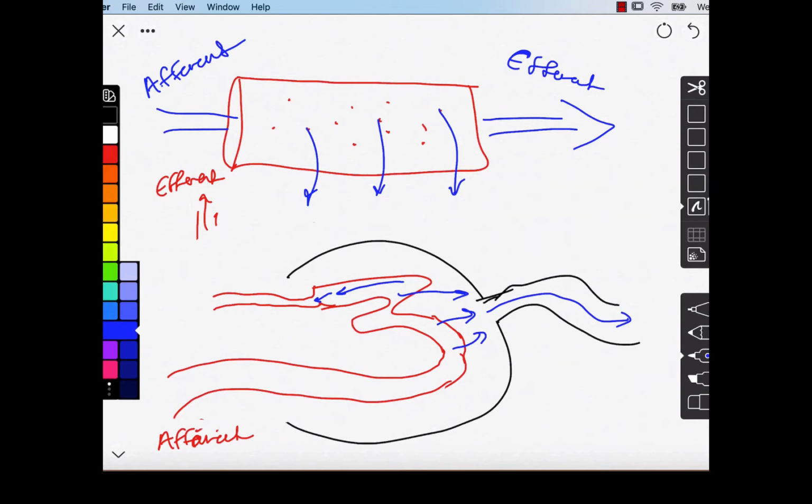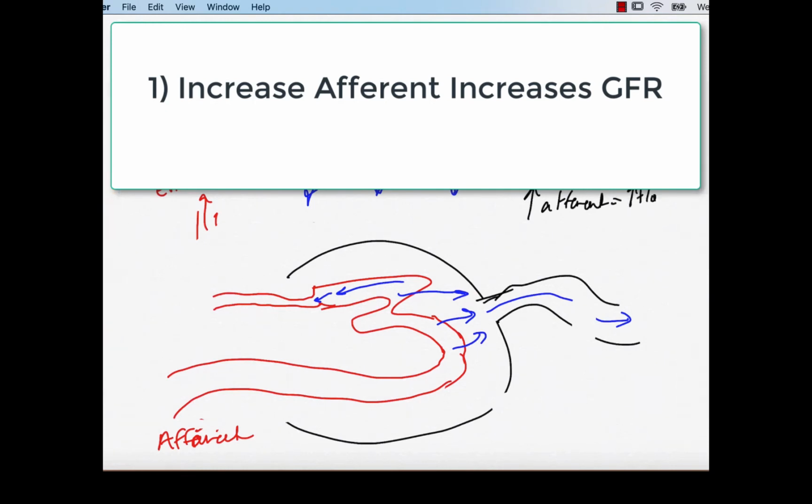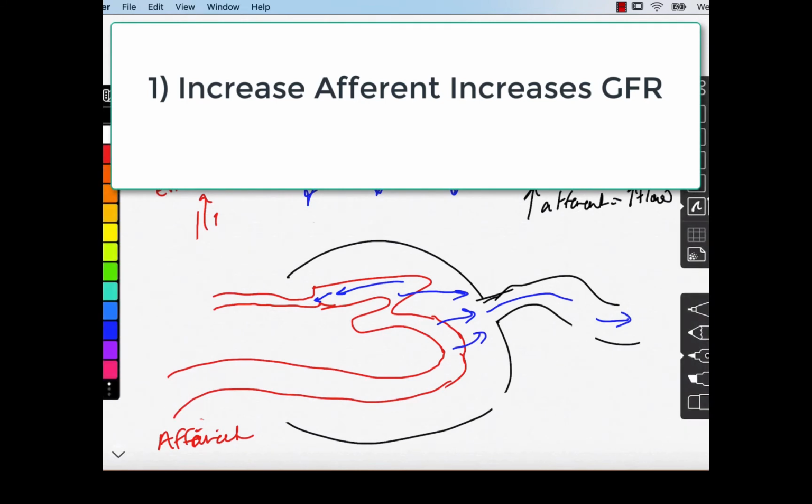I hope that this video helps you to understand glomerular filtration just a little bit better. To recap, we figured out that when we increase the afferent, we increase flow, because you're going to have a greater amount of fluid heading into that afferent, and that greater amount of fluid is going to head out.